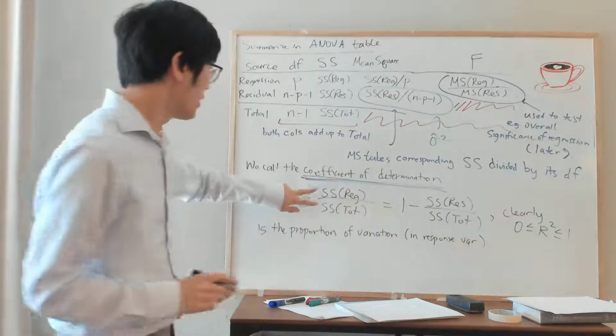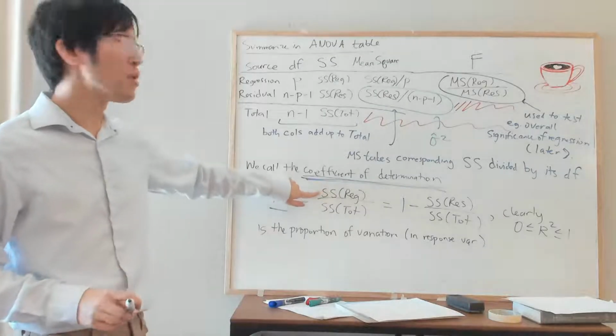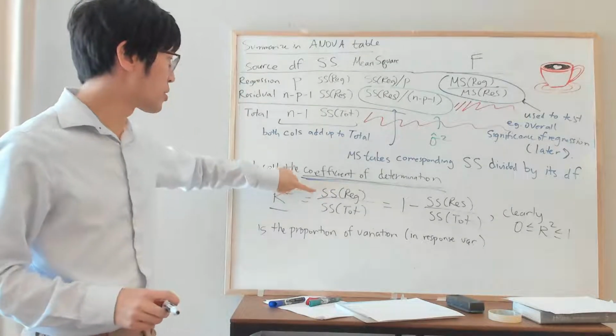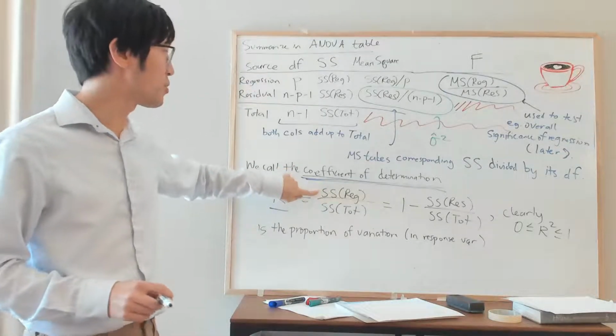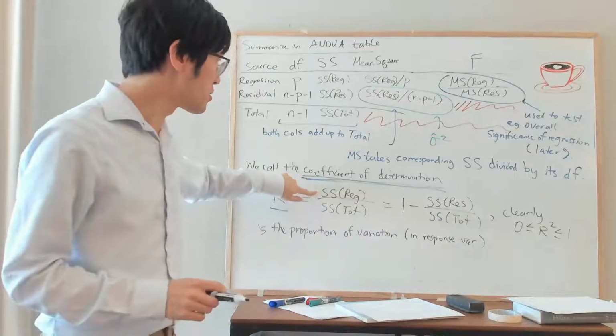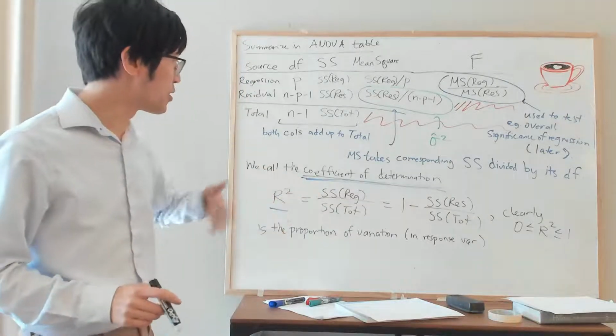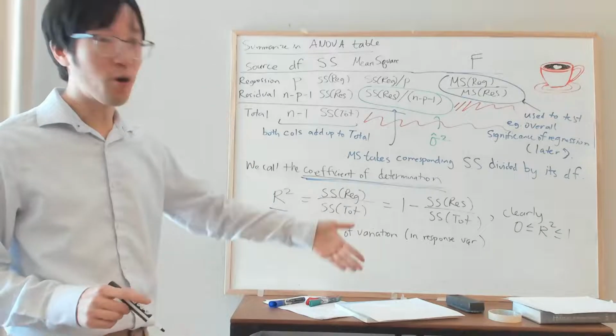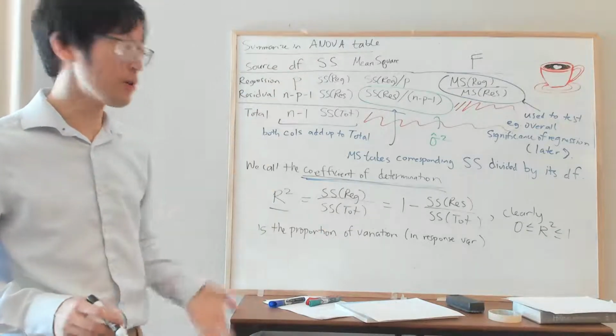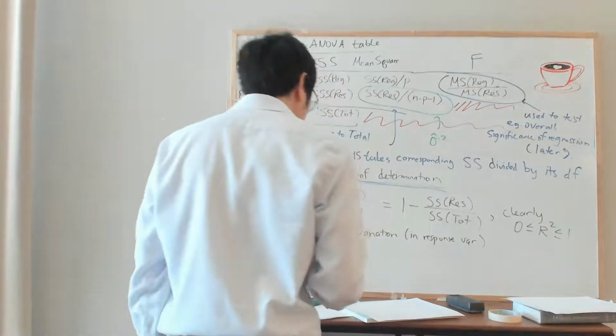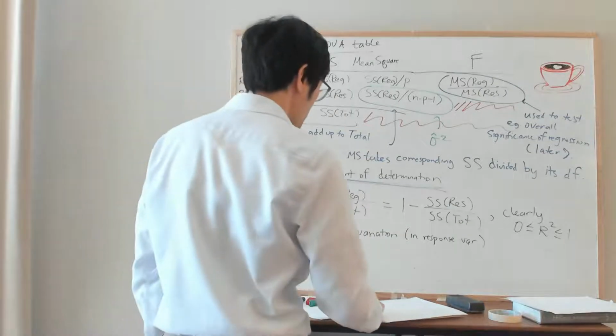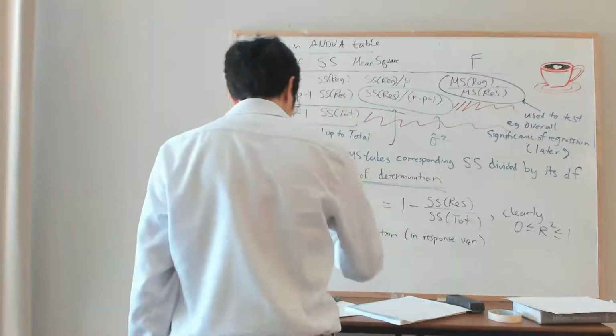Okay, so as we argued, we'll show you the picture. The sum of squares regression is the difference between the overall mean of the response and the regression line. So this is a measure of the proportion of variation that's explained by the regression model.